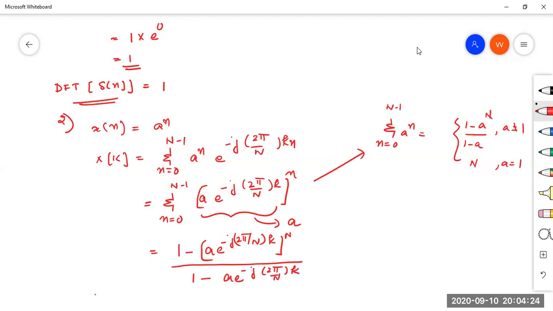So this is the discrete Fourier transform of a raised to n.